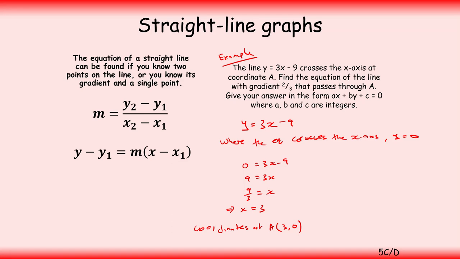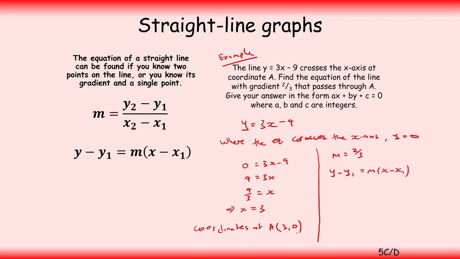I've got the gradient of the equation. m is equal to 2/3. So now I can find the equation of the straight line. Now I use my y minus y1 equals m times x minus x1.